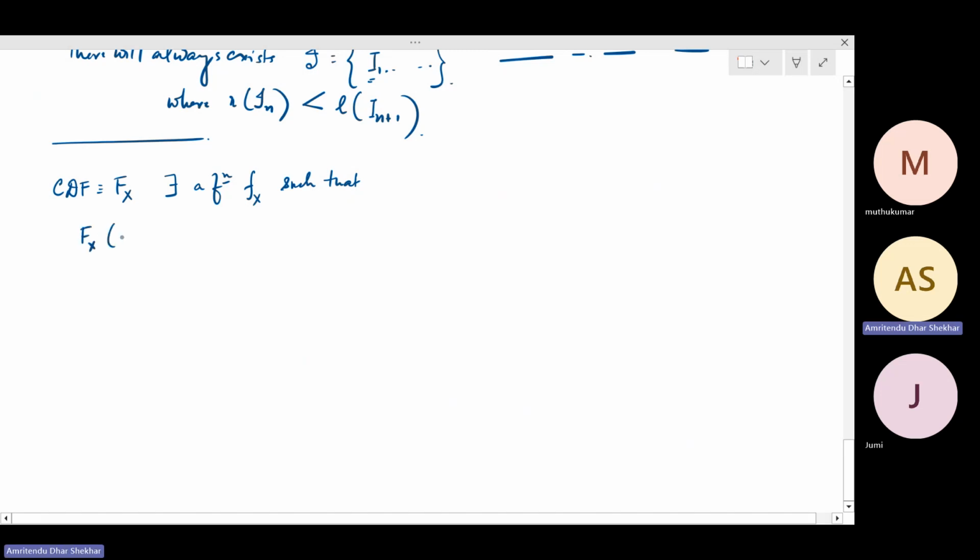fx of any a is equal to integral 0 to infinity fx d mu of x.